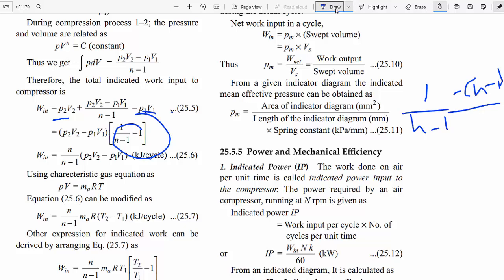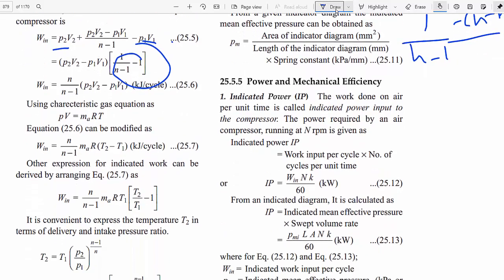Then some more derivation, I continue that derivation up to a certain limit. Then n by n minus 1 MA R T1. I can take T1 out from the inside of the bracket, then T2 by T1 minus 1 we get.